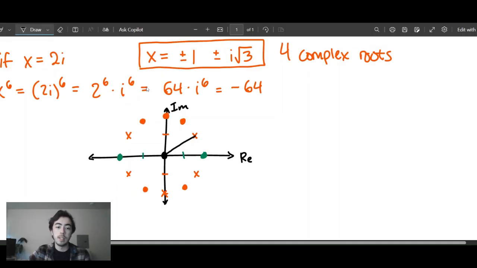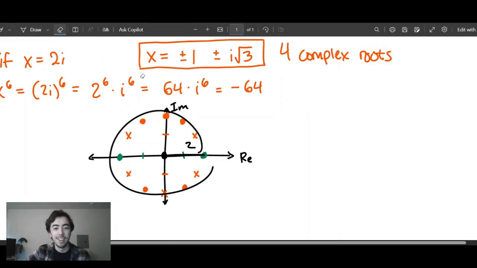Thing one is that its length right here, or magnitude or modulus, that's another word for just the length of this distance, will multiply by the length of the other one. All of these have a length of 2. You could verify that with the Pythagorean theorem, or you could just trust me that, well, we both know this distance is 2, and it's going to make a whole circle here.